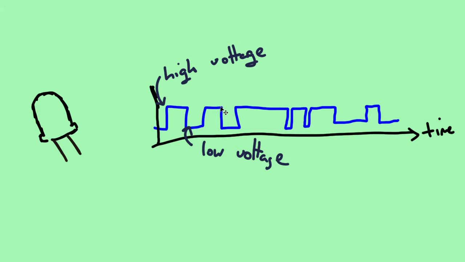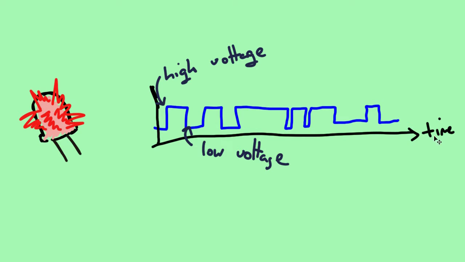We go up again and down again, so our light turns on and then off. Then our light turns on for a long time. And then we go low very quickly, twice in a row. So we can see that by using high and low we can manipulate and make our light flash at varying rates.